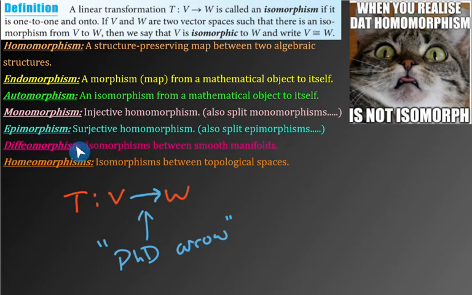They're just isomorphisms between smooth manifolds. Basically, think spaces where you can do derivatives. That's how you want to think about it. Then there's homeomorphisms, which are the ones that are closest to my wheelhouse. These are isomorphisms between topological spaces. So this was what I spent so much of my 20s doing.